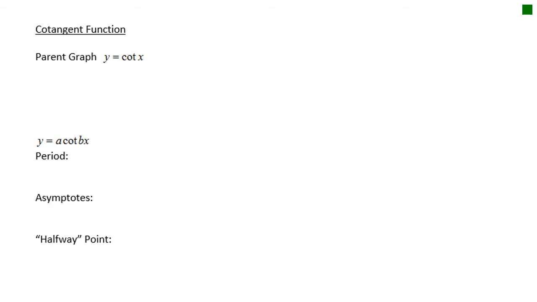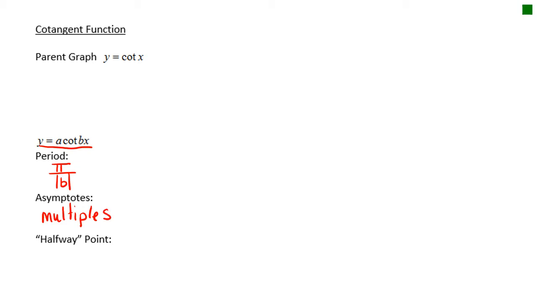All right, the final reciprocal graph we're going to talk about is the cotangent. So cotangent still has a period of pi over b like tangent. But now we're going to have asymptotes where the tangent had zeros.